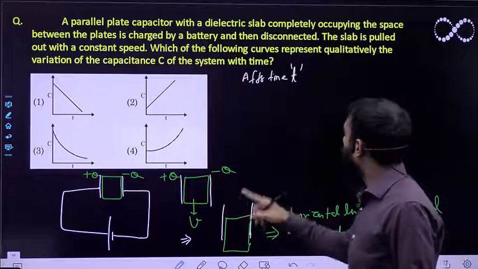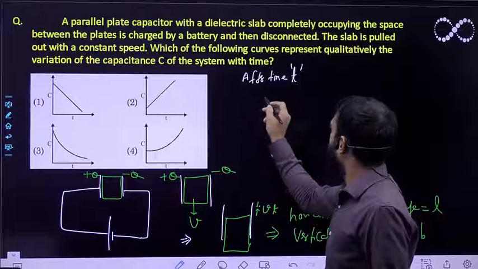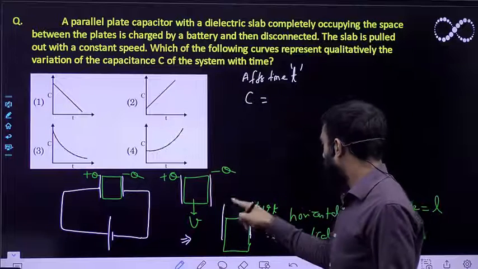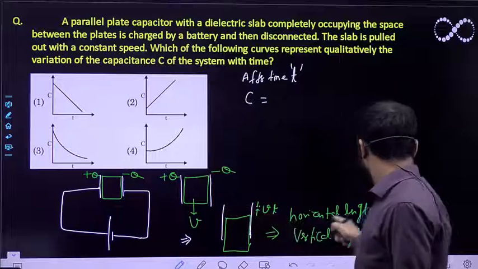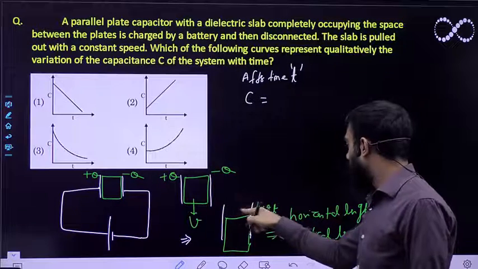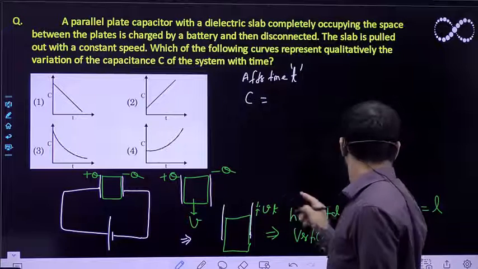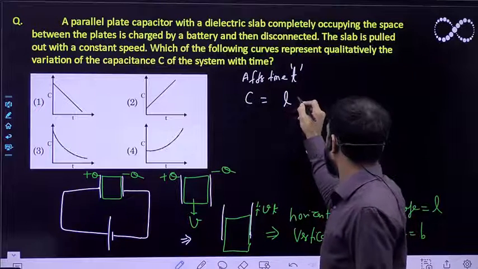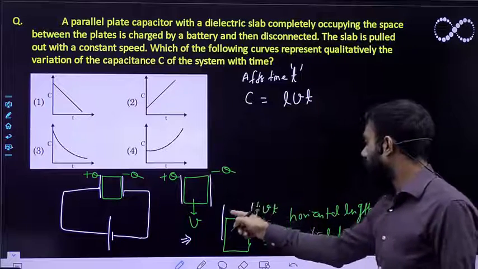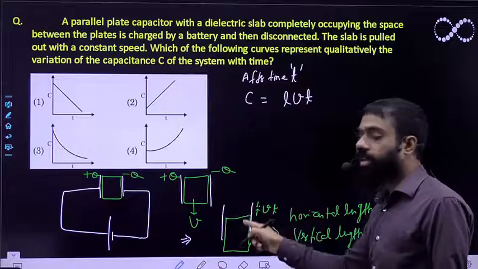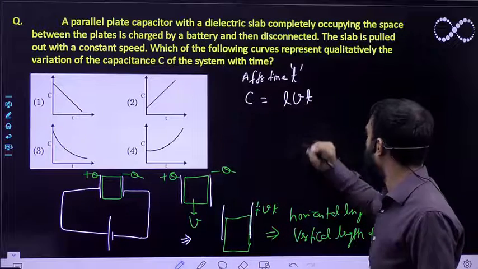So I need to find the capacitance here. C can be written like this. What is the area of this space now? The horizontal length L remains the same, and the vertical length becomes vt. So the area will become L into vt. Inside this area the dielectric constant is 1 because it is filled with air, so it is multiplied with 1 only.